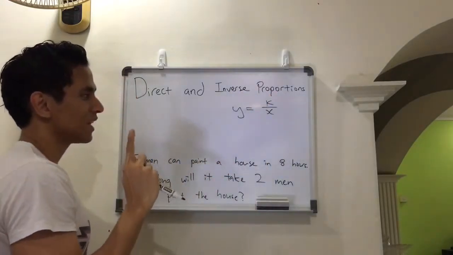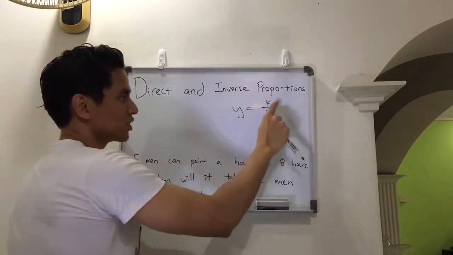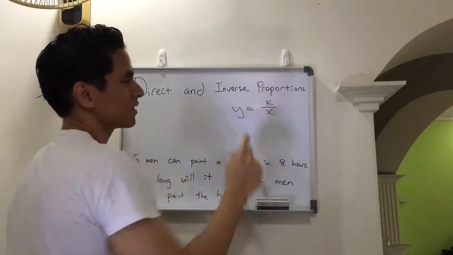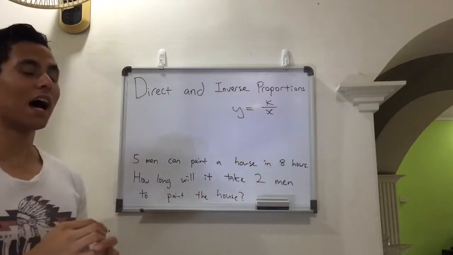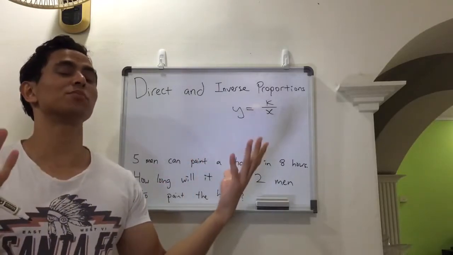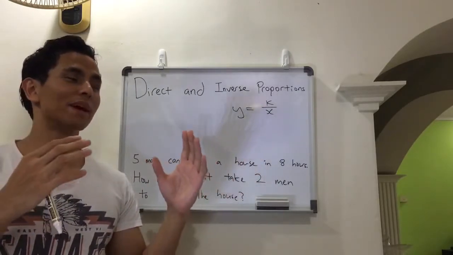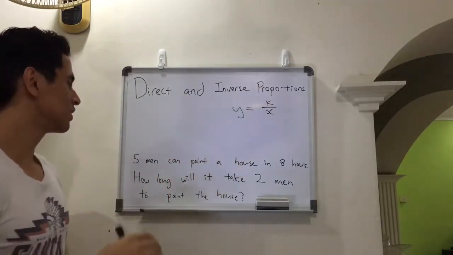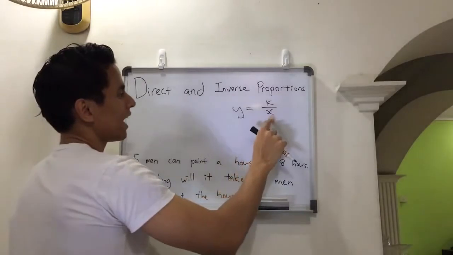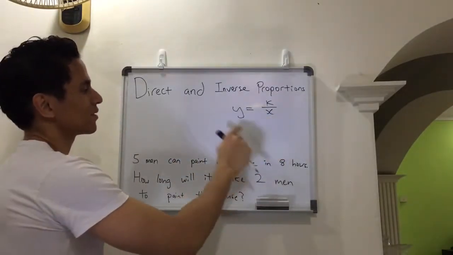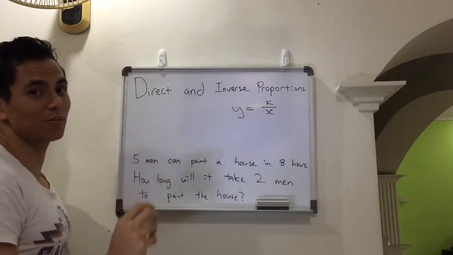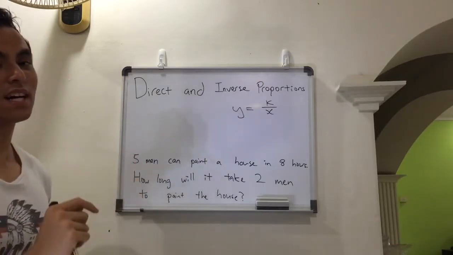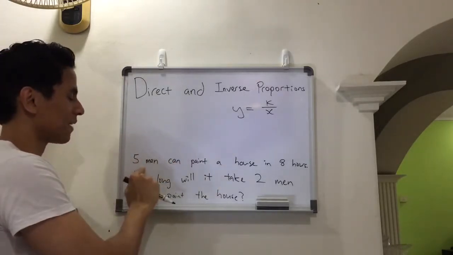In this case, the men get to work on the job. So k is the job, how big the job is: how many hours of men working you need to use to complete painting the house. So the men go into x, and the time is y. That's how we identify. We need to use logic and decipher and think which number goes where.